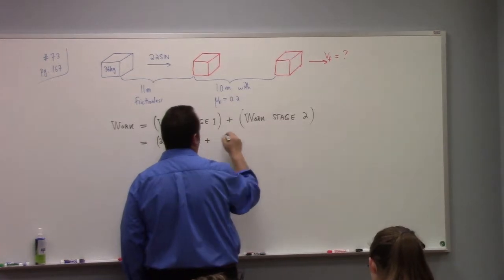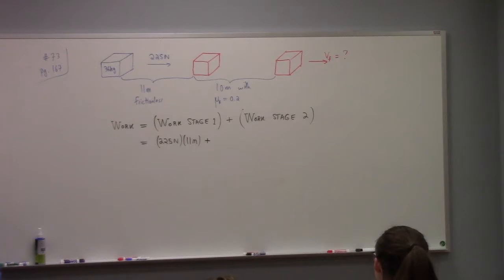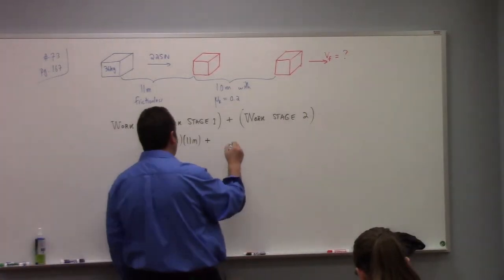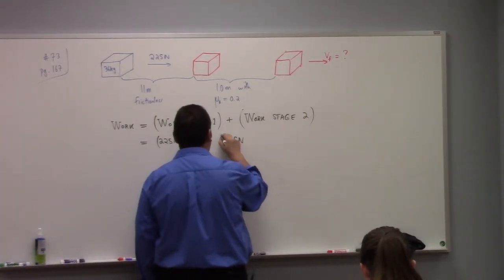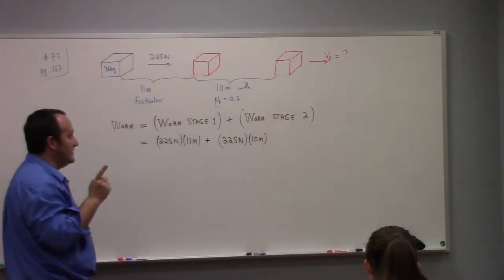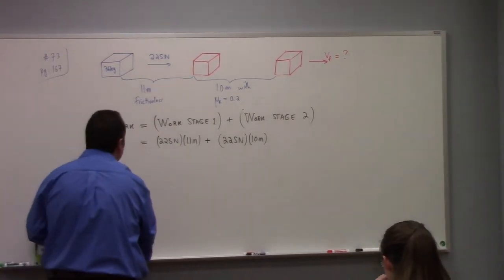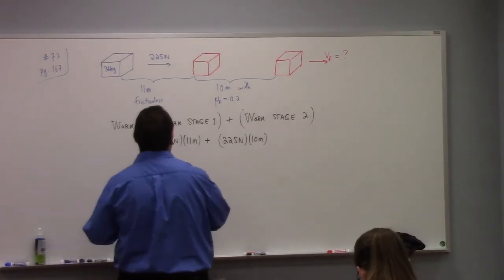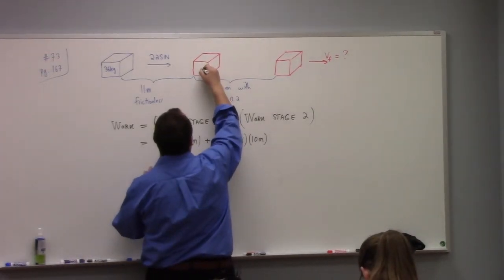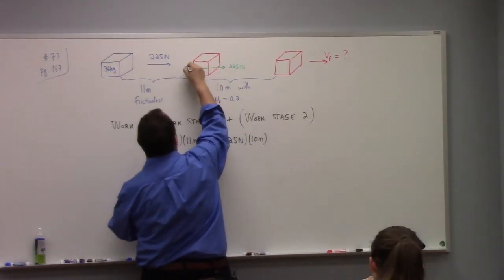Okay, and then over here, the work in stage 2. Well, there's still 225 newtons, and so that force is still doing work. So we've got 225 newtons times 10 meters, right? But then there's something else going on in the last bit. Yeah, friction. You've got the 225 newtons, but you've also got the force of friction.